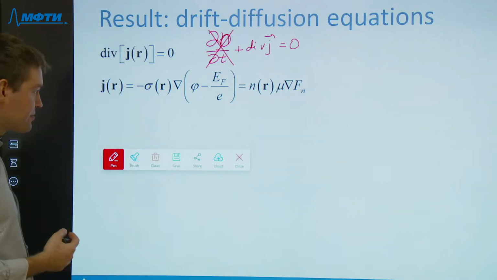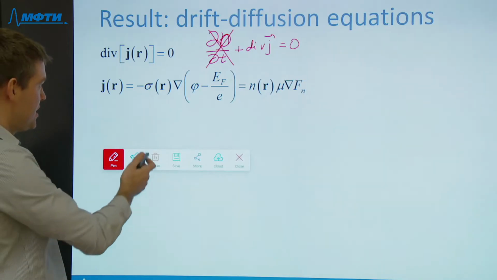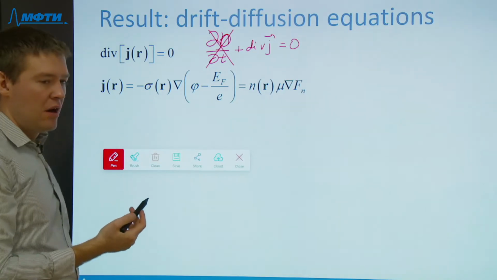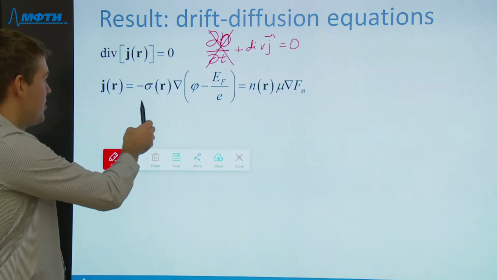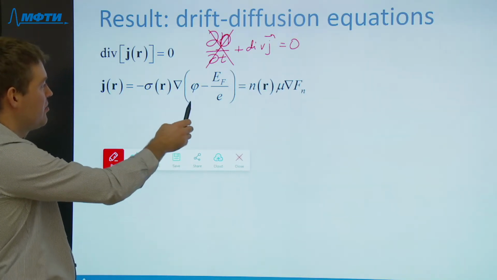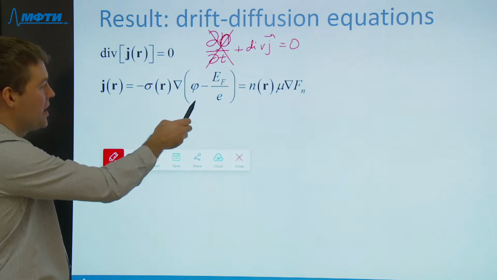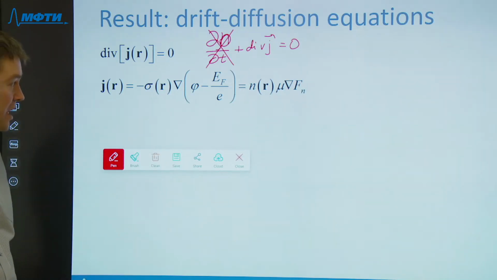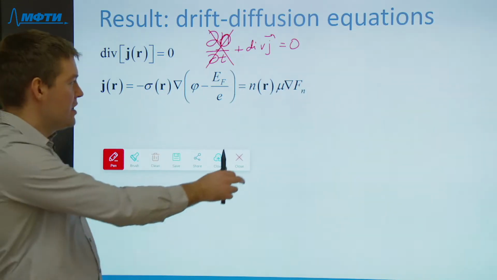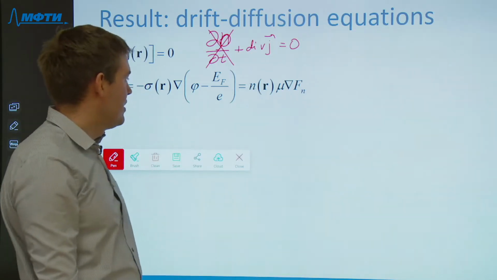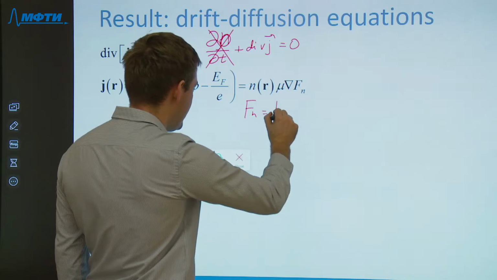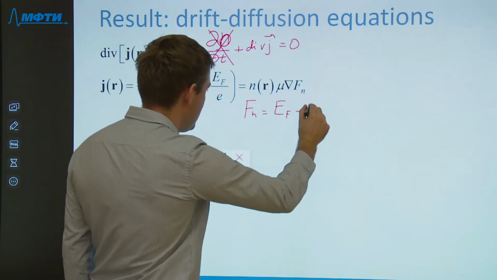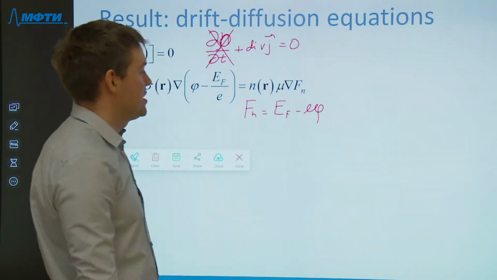And the second equation is just the modified Ohm's law. Modified Ohm's law states that the current at a given point is the conductivity at that point multiplied by the gradient of the electrochemical potential, or gradient of the quasi-Fermi level, which is nothing but the Fermi energy minus electric potential.